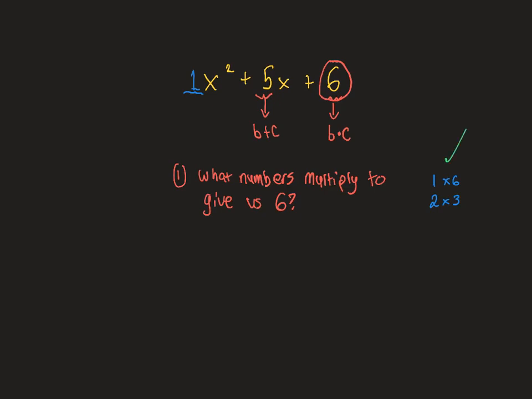But if I did 1 plus 6, I'll get 7, which is not the number 5 I'm looking for. So this is not what I'm looking for. Now, 2 times 3 will give me 6, which is what I'm looking for, and 2 plus 3 will also give me the number 5, which is exactly what I'm looking for.